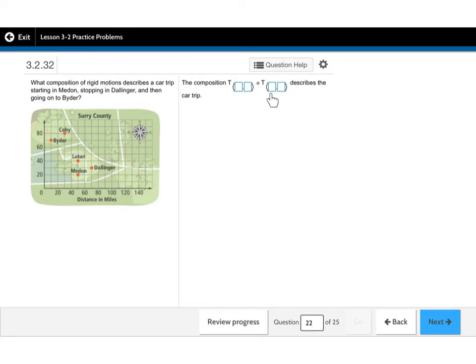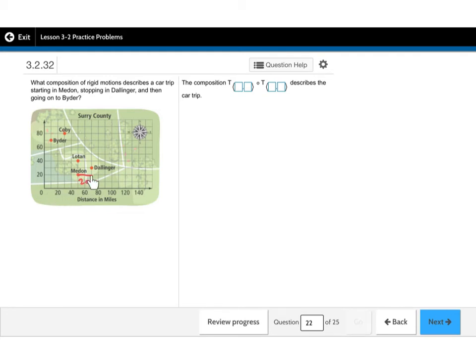We're going to describe that by looking at the horizontal movement going from Medan to Dallinger and the vertical movement between the two towns. So let's look at that over here. As I move from Medan to Dallinger, I notice that I'm going to have to go to the right by 2 blocks, which is 20 miles, because if I look at the scale of this graph, each block is worth 10 miles.